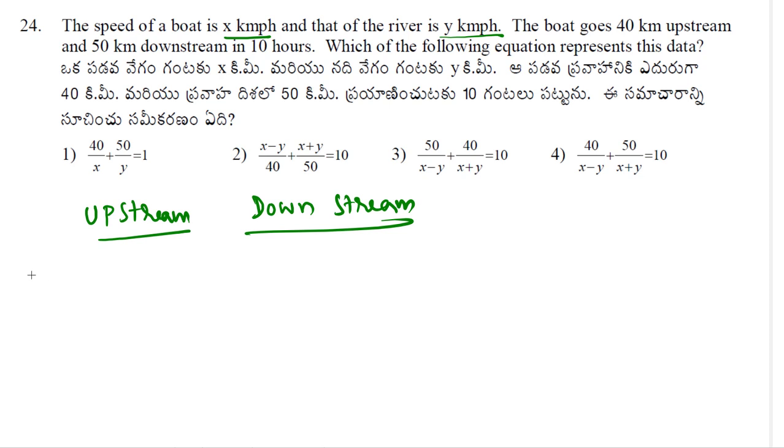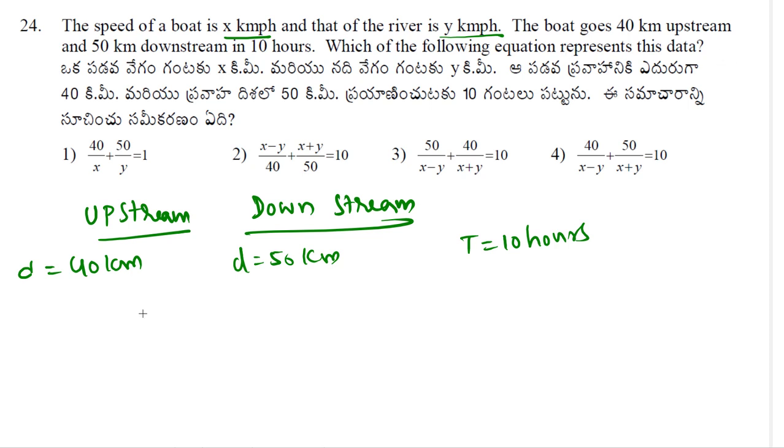So distance d equal to how much? 40 kilometer. Now and 50 kilometer downstream in 10 hours. 50 kilometer downstream. So 50 kilometer, this is the distance. In 10 hours, time t equal to how much? 10 hours. Which of the following equation represents this data?